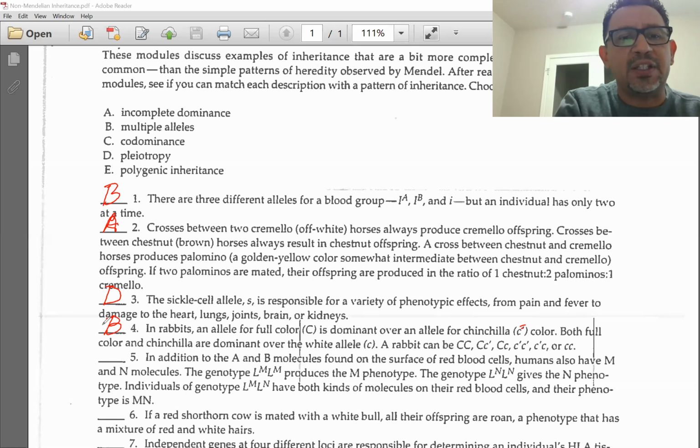Codominance is what we call it typically. So we're going to be using a letter C over here.